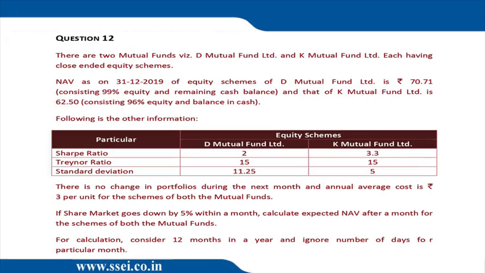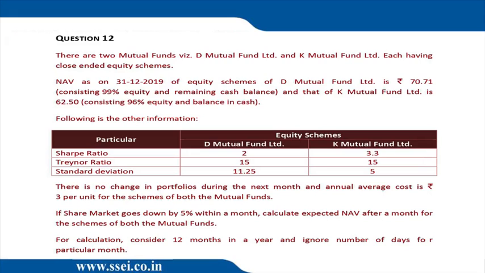Now if the market falls by 5%, you have 2 options. Either you use the beta of 2, that is the share beta, and you say that the share part will fall by 5 into 2, 10%. So 10% on 90 lakh, the fund will fall by 9 lakh. So 100 minus 9, that is 91 lakh, shall be the net asset value. Perfect.